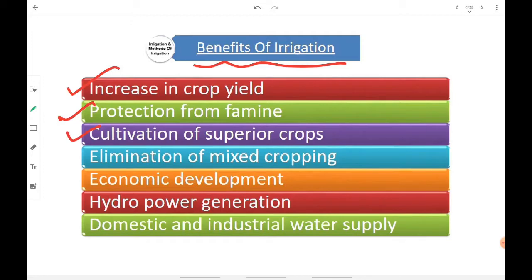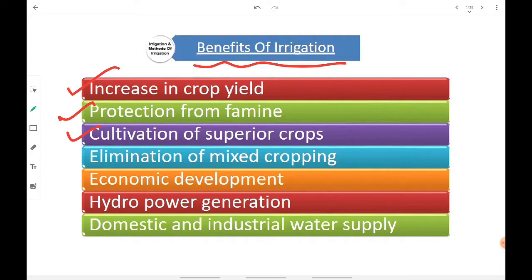Then, elimination of mixed cropping. Throughout the year, only at the time of the rainy season can the better crops be cultivated. The main crop for that soil, for example cotton in black cotton soil, can be taken when rainfall is sufficient. We depend on that specific 4 months of the year.